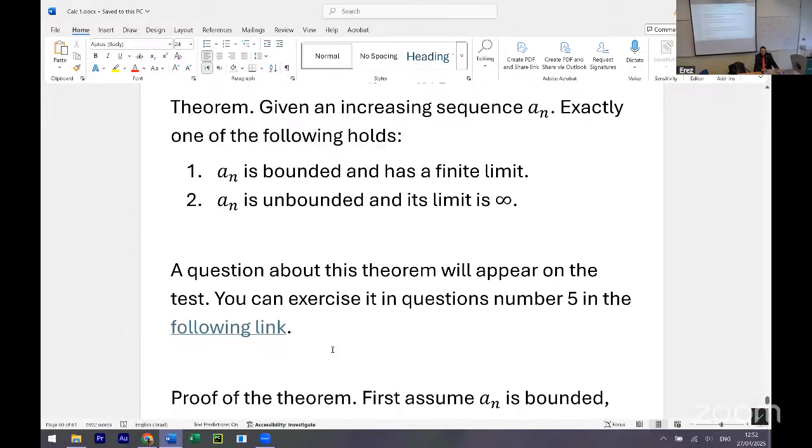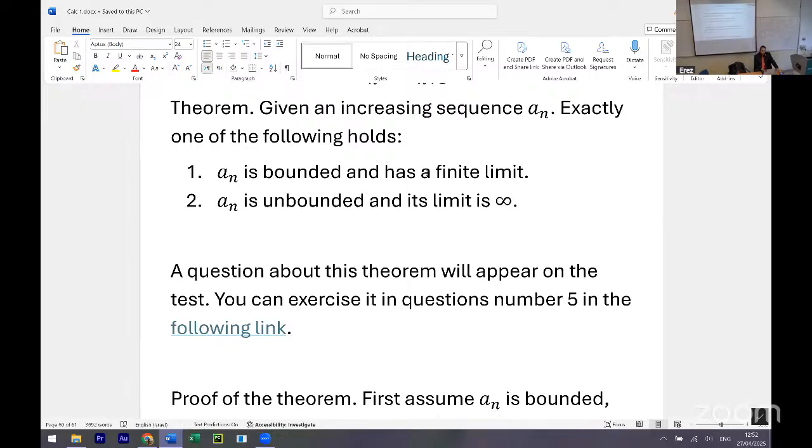We assume firstly that it is bounded, and we wish to prove that the sequence has a finite limit. Next, we will assume that it's unbounded, and we will prove that the limit is infinity. And that gives us exactly one of the two, right? Either it's bounded and therefore has a finite limit, or it's unbounded and therefore the limit is infinity.